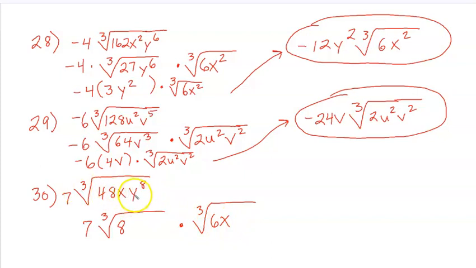I can break up y to the 8th into a variable that can be divisible by 3, its exponent, which means I'll put the leftovers over here on the right. And now simplify the left radical and see what comes out that can multiply by 7. The cube root of 8 is 2, and the cube root of y to the 6th is y to the 2nd. 6 divided by 3 power.